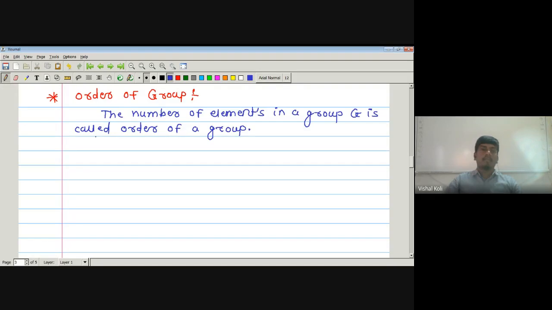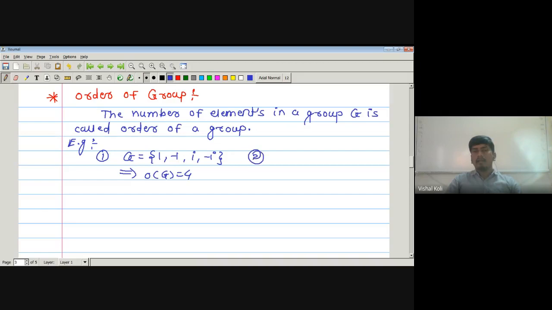For example, in the last lecture we have proved that G, a set which contains the elements 1, minus 1, i, minus i, is a group. The order of a group is denoted by O(G), that is, order of G. Here G is a group with 4 elements, that is 1, minus 1, i, minus i. As it is a group and it contains 4 elements, the order of this group G is equal to 4.